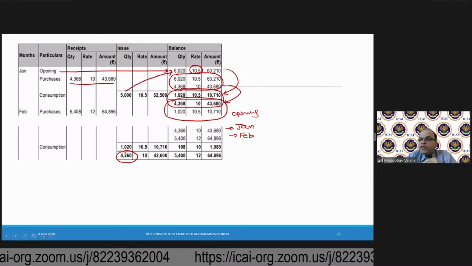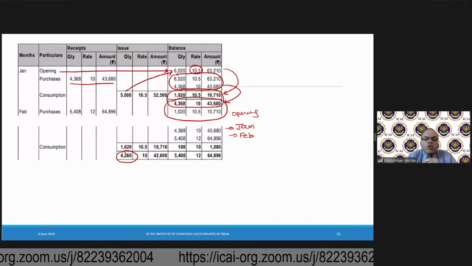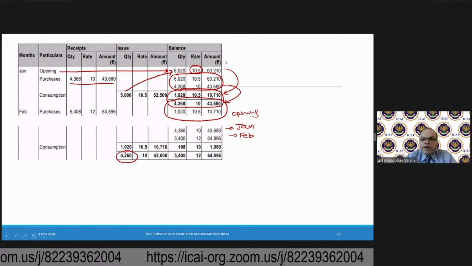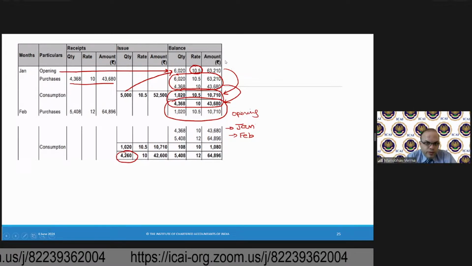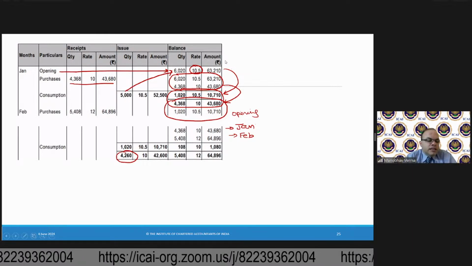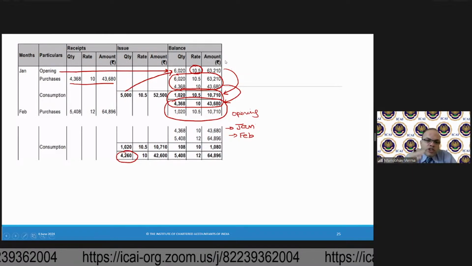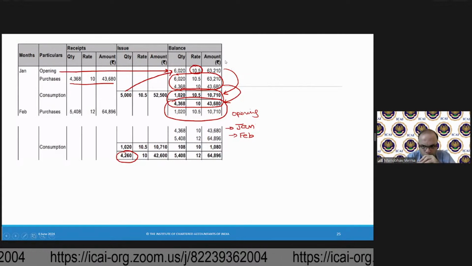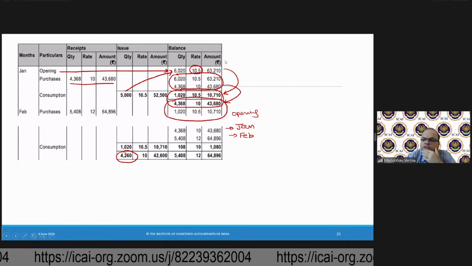So there's a question coming in from me for everyone. Following the FIFO, what do you think? 4,260 units are being issued here. What do you think, guys? Which particular lot should be first touched upon?